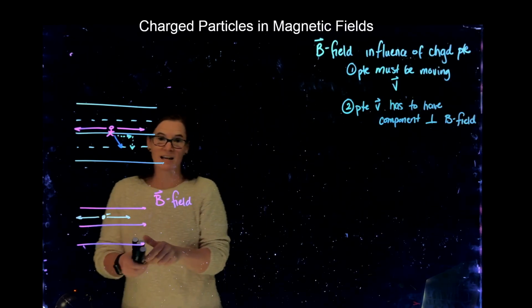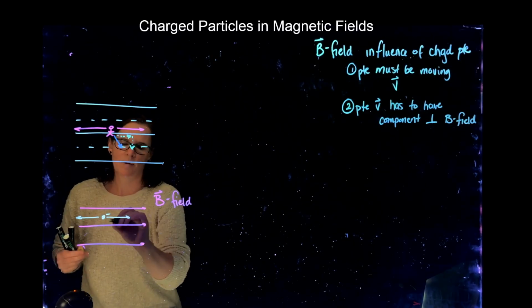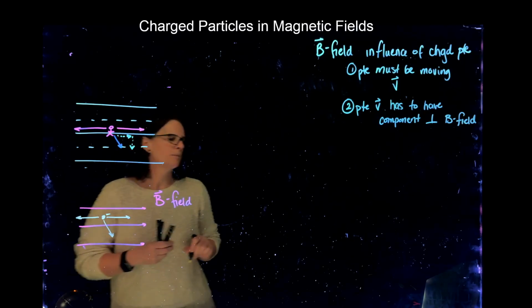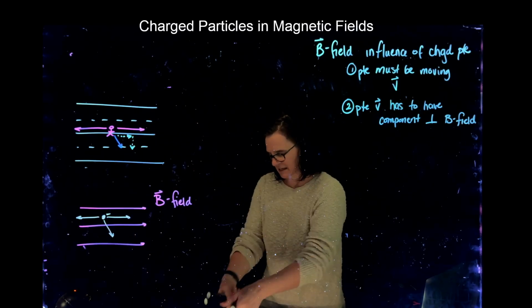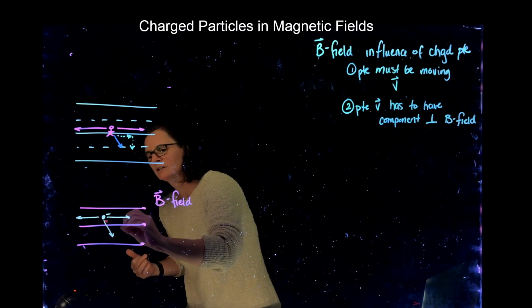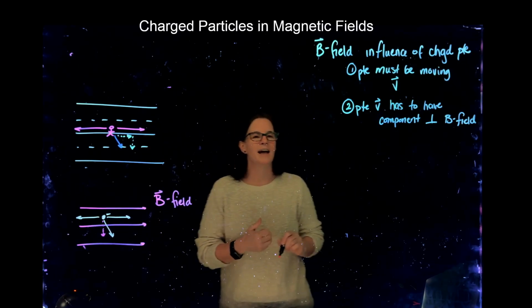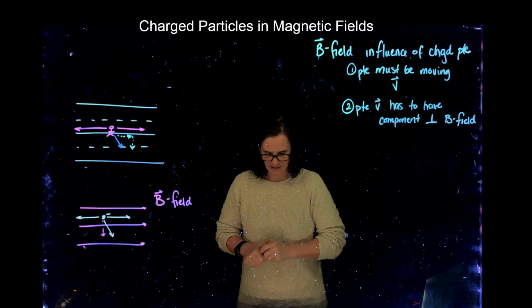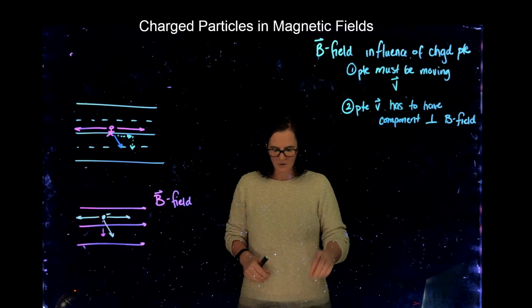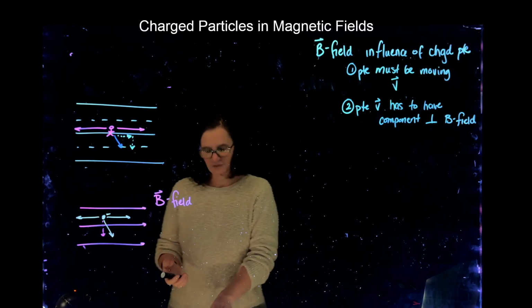Just like I would have to walk into the street, the particle would have to have a component perpendicular to that magnetic field. It doesn't have to be purely perpendicular, but there has to be a component perpendicular to the magnetic field. So those are our 2 criteria, and it's the perpendicular component that matters.